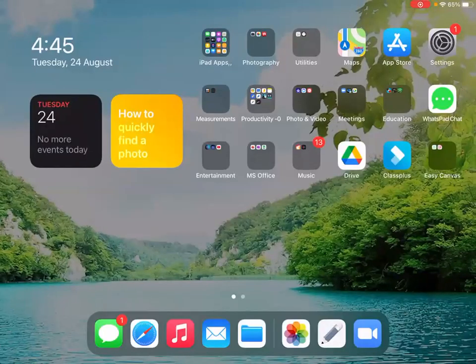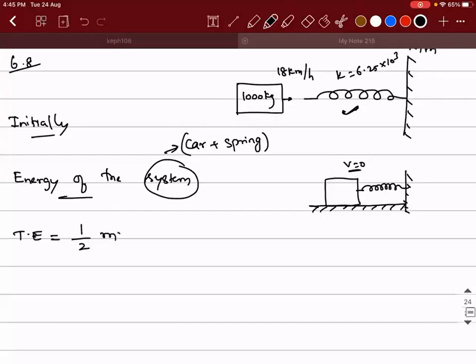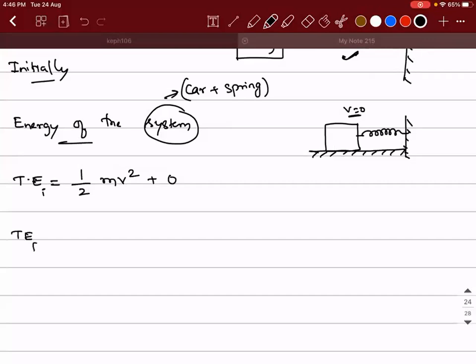So half into m into v square plus the potential energy of spring is 0. So this is the total energy which is initially present. So what is the final total energy? Kinetic energy of car is 0, whereas the potential energy of spring will be half into k into x max square. If you observe one important thing, I didn't apply the exact formula.